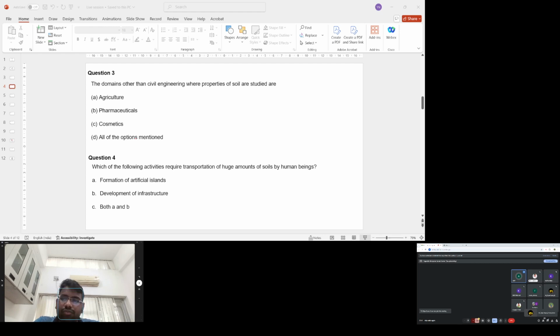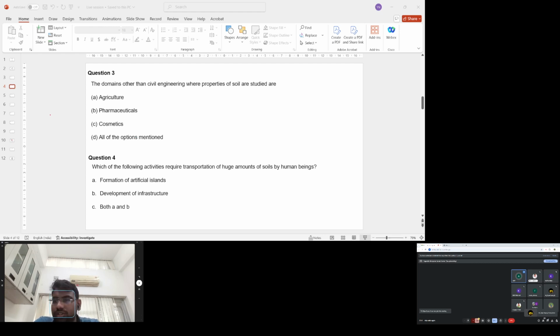But if we consider the formation of artificial islands or artificial lands, which India is now more interested in, several materials have to be transported to the particular location and placed in such a way that they have the necessary strength and other essential parameters.